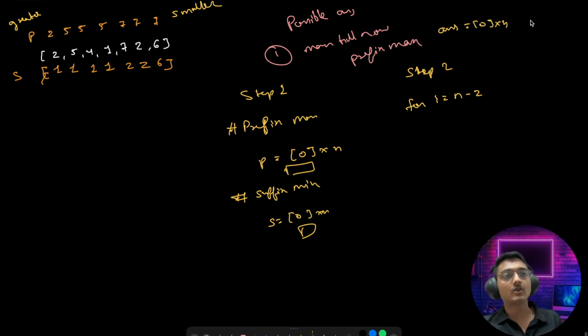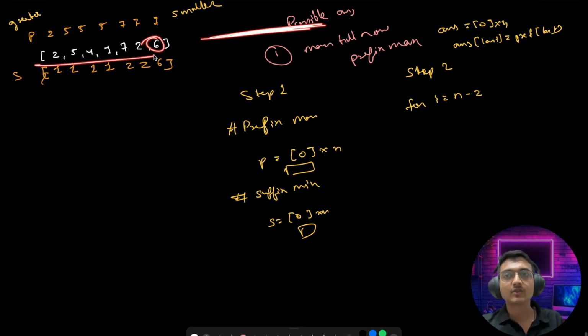Basically, I'm initializing all values with 0. I am saying answer of the last index equals prefix of last. Why? Because the answer for this last element can only be one thing. There is nothing on the right for this last number, there are only numbers on the left.